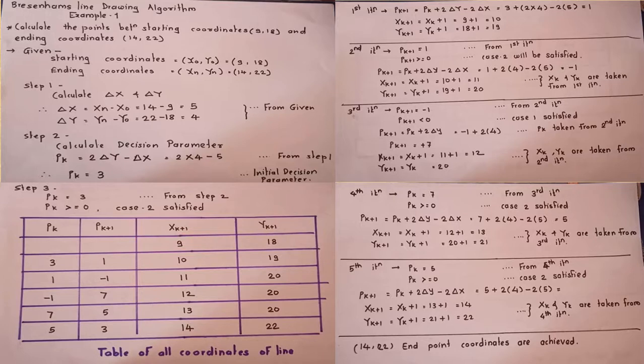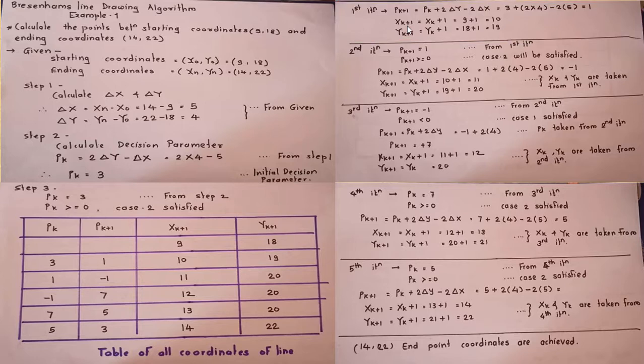So the first iteration will be, as it is satisfying case 2, we need to calculate by using the case 2 equations. pk plus 1 is equal to pk plus 2 into differential of y minus 2 into differential of x. By putting all these values, we will have pk plus 1 as 1, and xk plus 1 is equal to 9 plus 1 equal to 10, and yk plus 1 is equal to 18 plus 1 equal to 19.